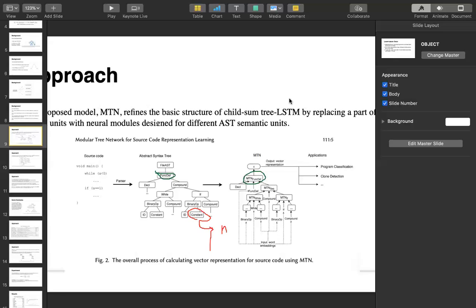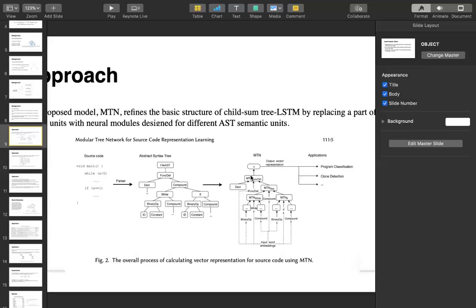Okay, so their approach is using a bottom-up procedure. They will use the embedding of each token as the initial input, and then do various operations to get the embedding of their parents, and then finally, when it reaches the root node, they will get a representation of the root of the tree.